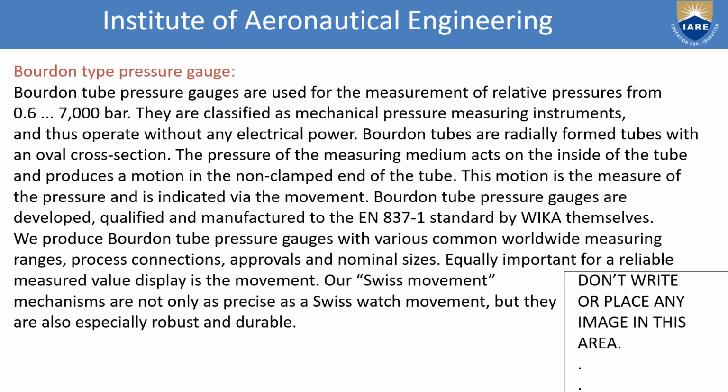Equally important for a reliable measured value display is the movement. Our Swiss movement mechanisms are not only as precise as a Swiss watch movement, but they are also especially robust and durable.